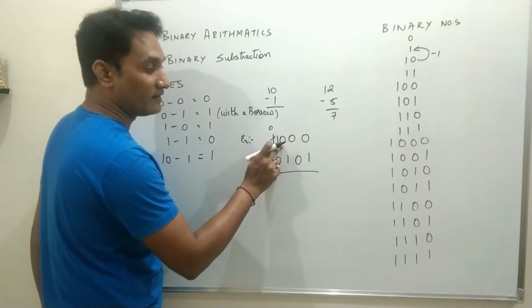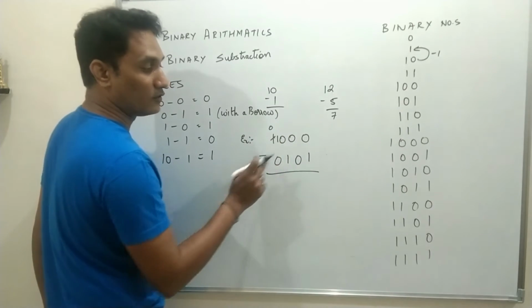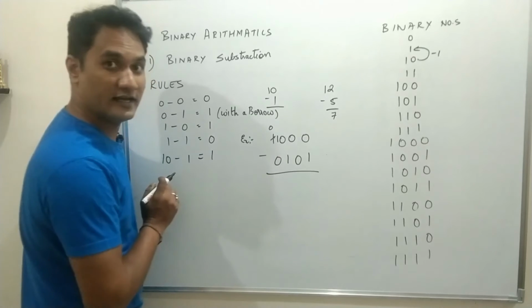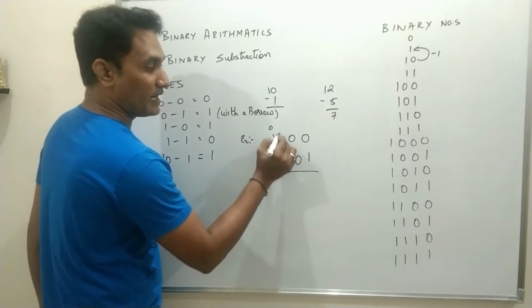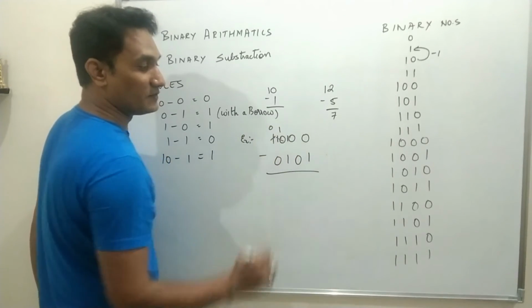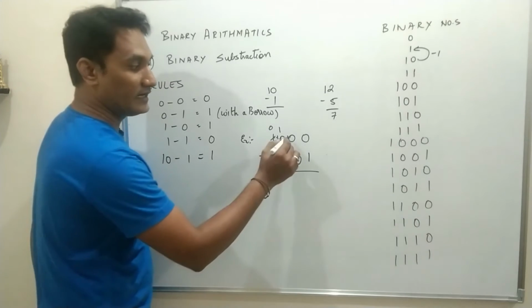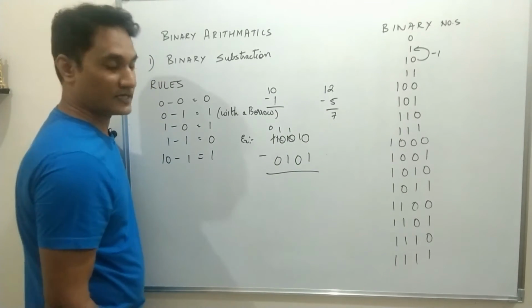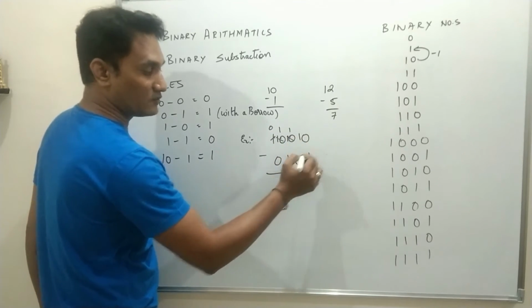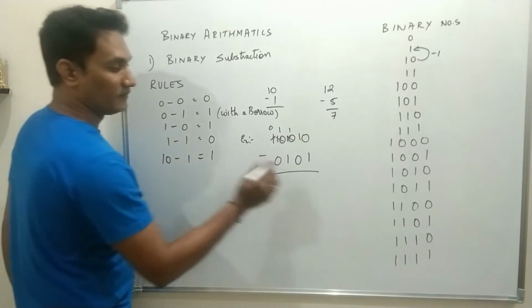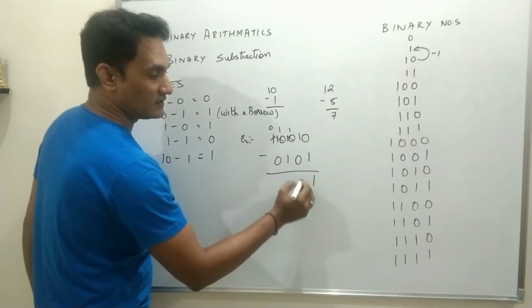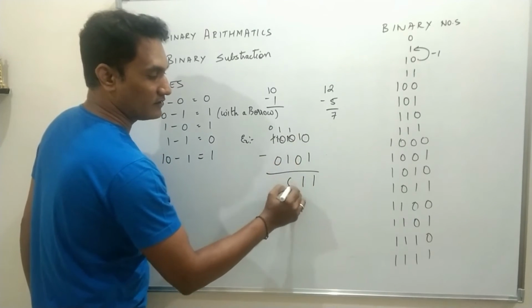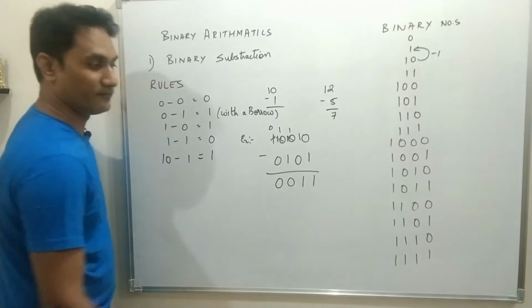From this 10, we have to transfer 1 to the next lower place. That is how we have to go up to the LSB. So 10 minus 1 is 1, and this becomes 10. Similarly again, this becomes 10. And now you have to perform the subtraction. So the subtraction will be 10 minus 1, which is 1. 1 minus 0 is 1. 1 minus 1 is 0, and 0.